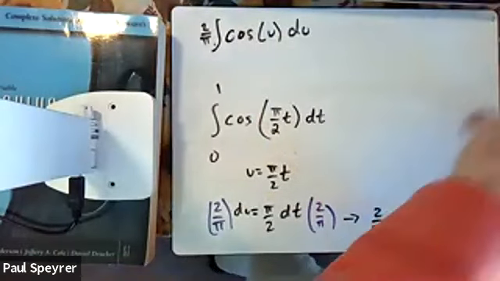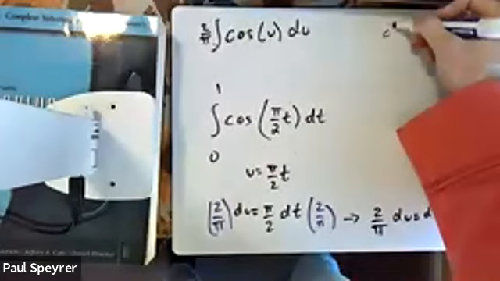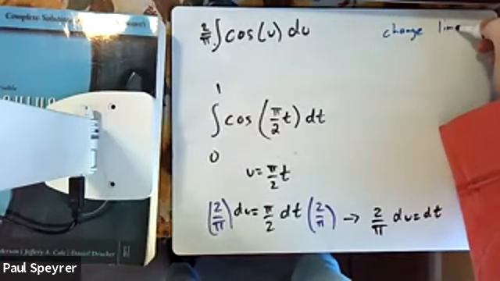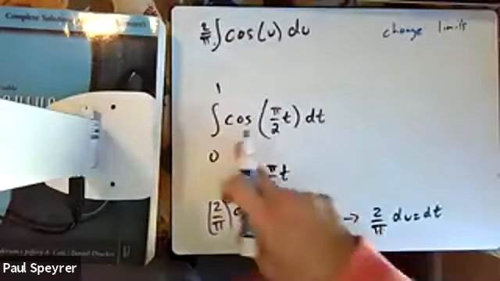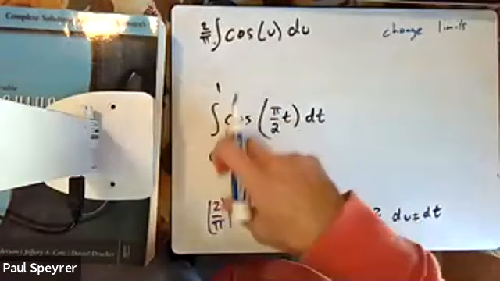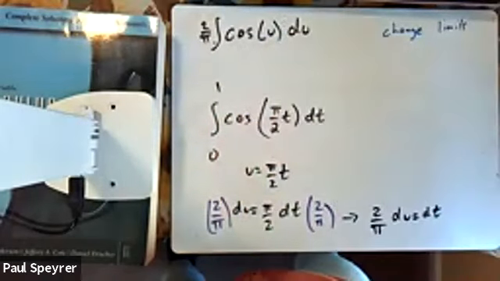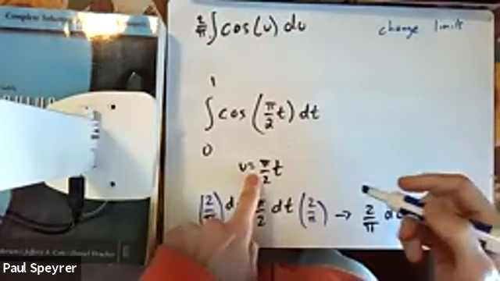So remember, our old limits were 0 to 1. We need to change the limits, right? Why are we changing the limits? Because our integral now is in terms of u, not t. So we can't use 0 and 1 because 0 and 1 were for t's. We're dealing with u's. Where are we going to get that relationship to change from u to t, or t to u? This, right here.